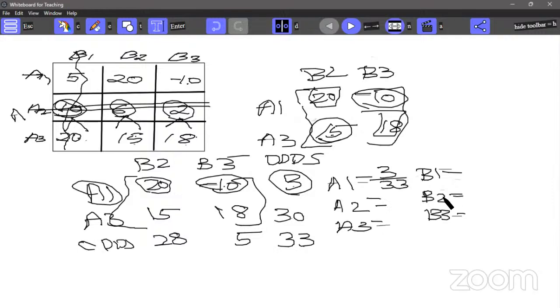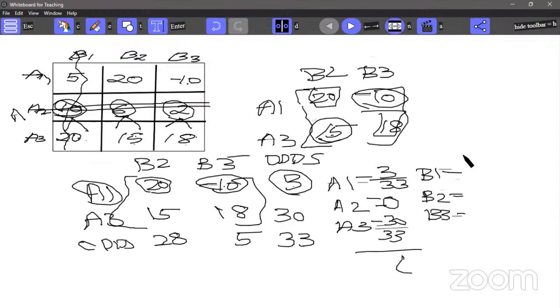A2, is it there in the final matrix? No, so the probability is 0. Can you tell me the probability of A3? 30 by 33. Very good. Now, if you add 3 by 33 plus 30 by 33, are you not getting 1?